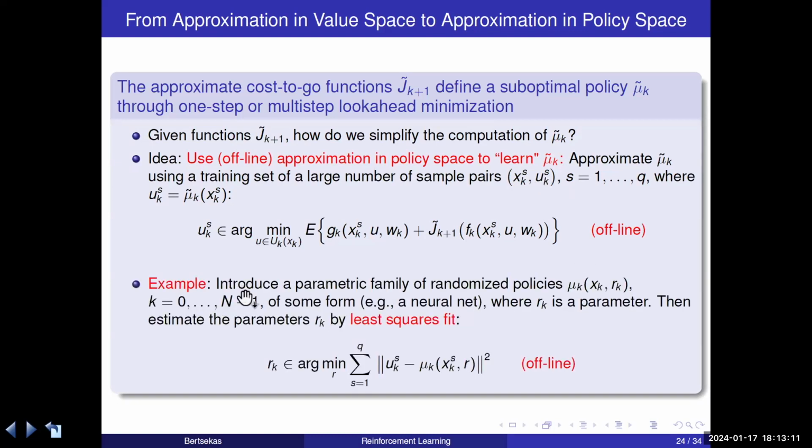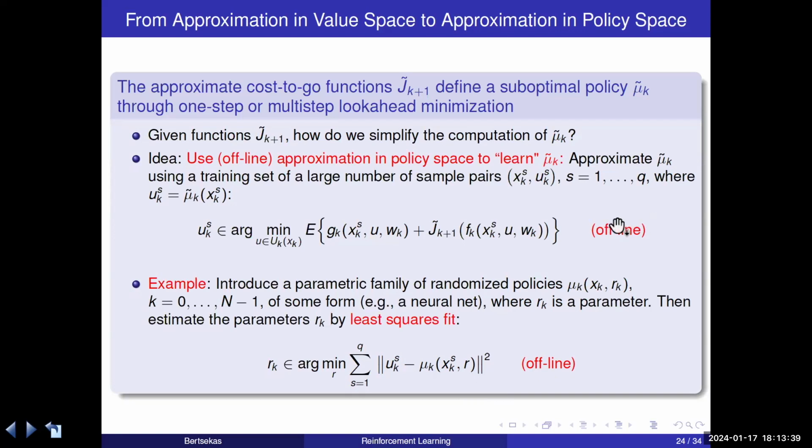So for example, we introduce a parametric family of policies, and then we calculate the parameters by some sort of least squares fit. So match an element, a member of this parametric family with the pairs of the training set through a least squares minimization.